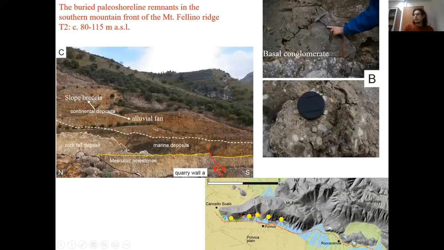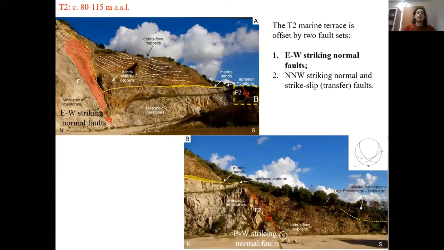It is formed at the base by a basalt conglomerate, which evolves to marine deposits facies, and then it's covered by continental deposits. Facies analysis allows us to distinguish alluvial fan deposits and, in the upward parts, slope breccia deposits. So T2 is the marine terrace.